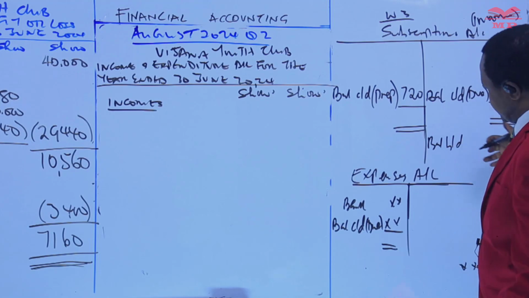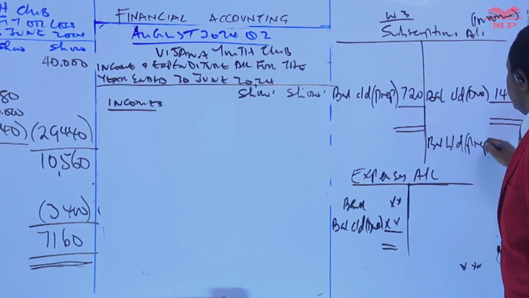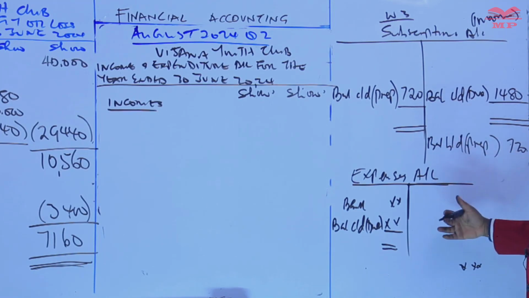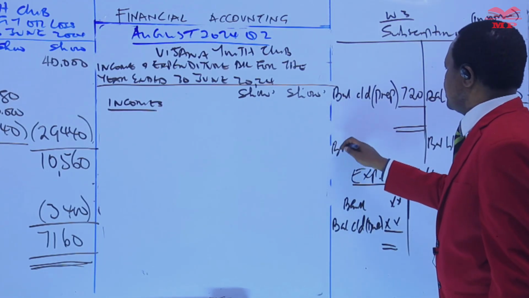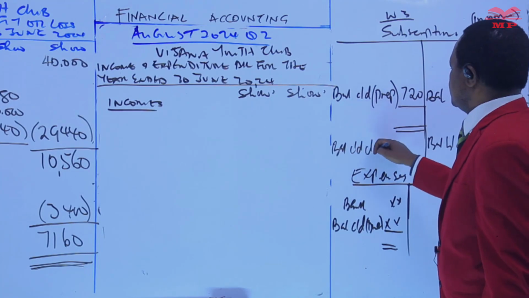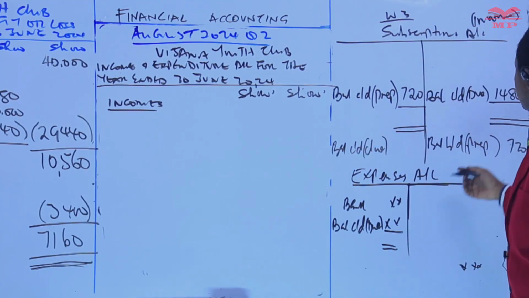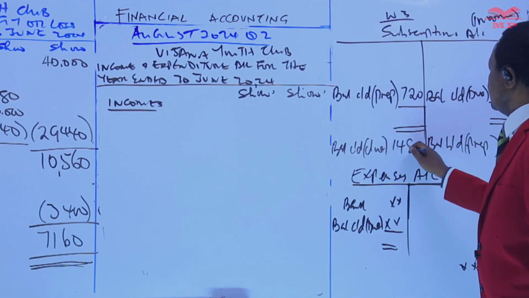In the next accounting period, the prepaid is credited, 720. So the next accounting period, this one that is due, balance carried down due at the end, when you get to the next accounting period, it is debited.